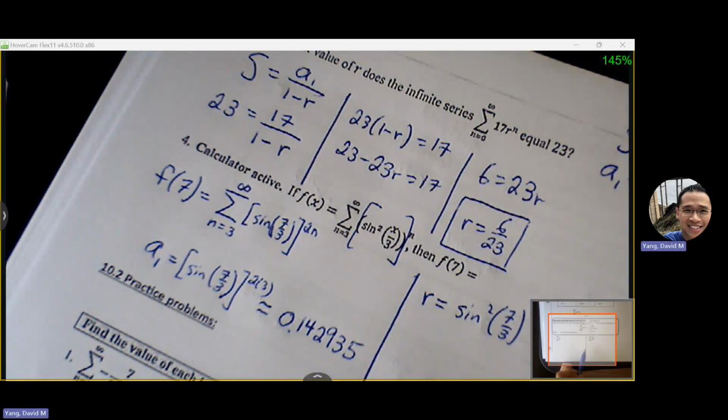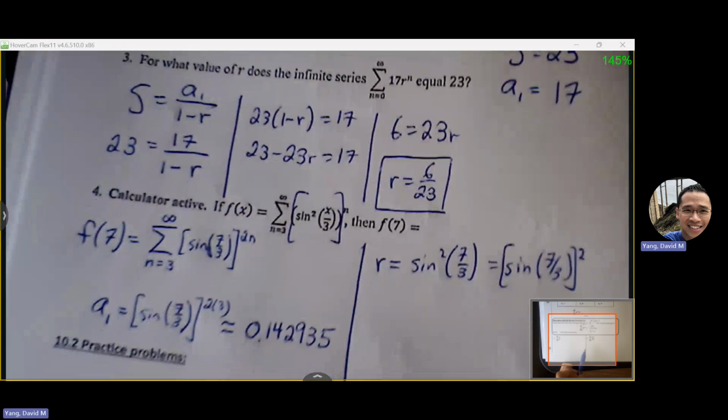Okay, let's do the first few problems and see how we feel about these problems after the examples that we've done. Do these problems make sense in terms of determining your a sub 1, determining your ratio, determining if the series converges, and if the series converges, can you find the sum?